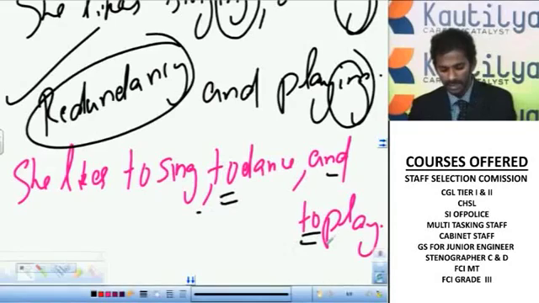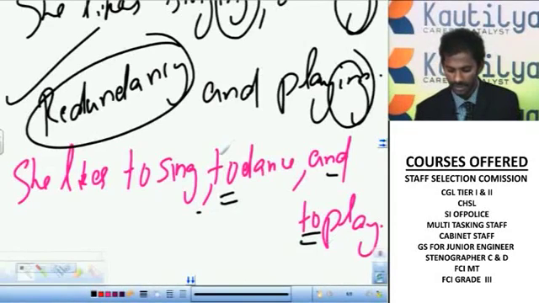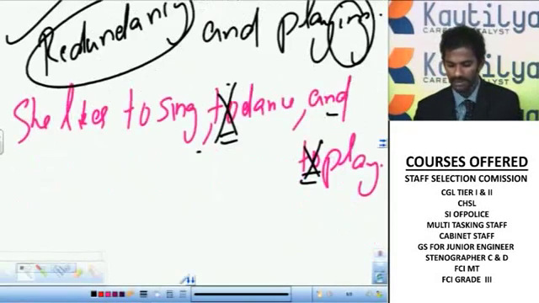Right? There is no need for me to say she likes to sing, to dance and to play. Because to is understood in front of the second idea and the third idea. To is understood in front of the second idea and third idea. So there is no need for me to repeat to.